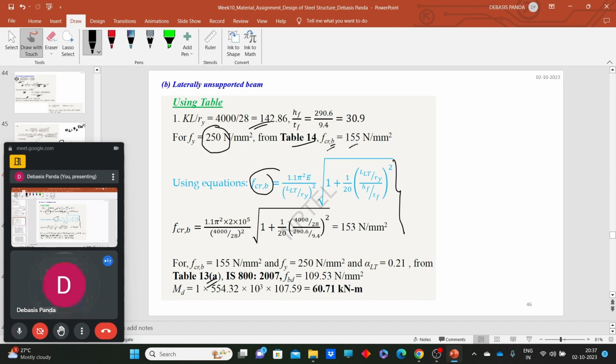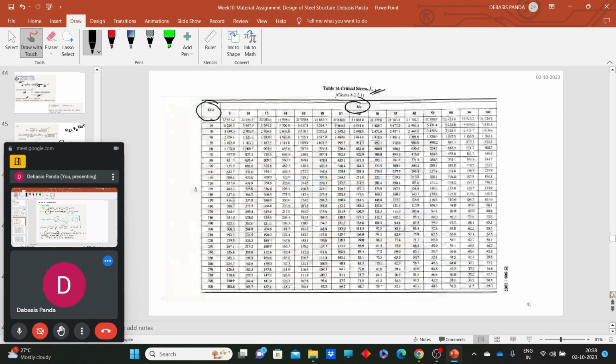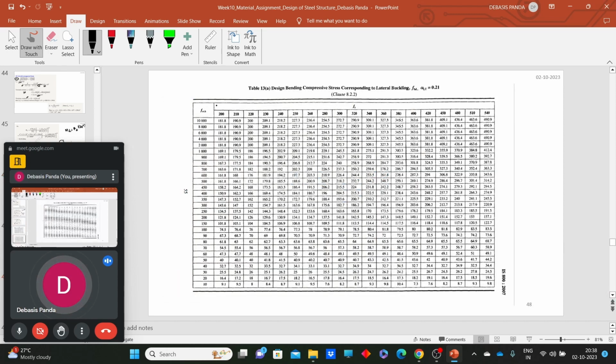So the values are similar. You can see that if I use the table, the value comes as 155 Newton per mm square, and if I use the formula given in your code, then that comes as 153. Now, when we have that fcr,b value, fy value, and alpha LT value, we can easily calculate the design strength fbd from Table number 13A.